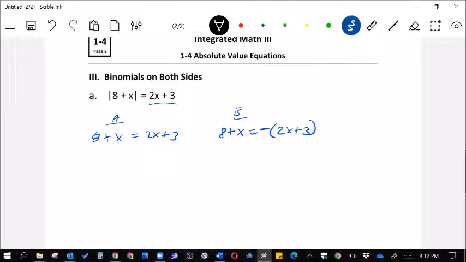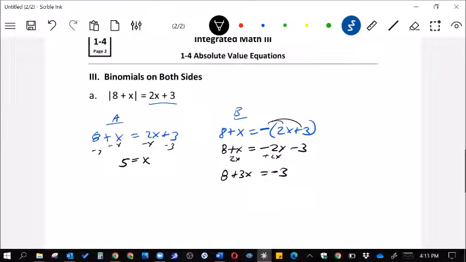We don't know what it is, but we just put the negative. So here in this case, I'm going to combine the x's, and I'm going to subtract the 3's, and I get x is equal to 5. And over here, my first thing to do would be to apply that negative correctly. Okay, so it distributes into both. And then I think I'll add the 2 x's to both sides. So it gives me 8 plus 3x equals negative 3.